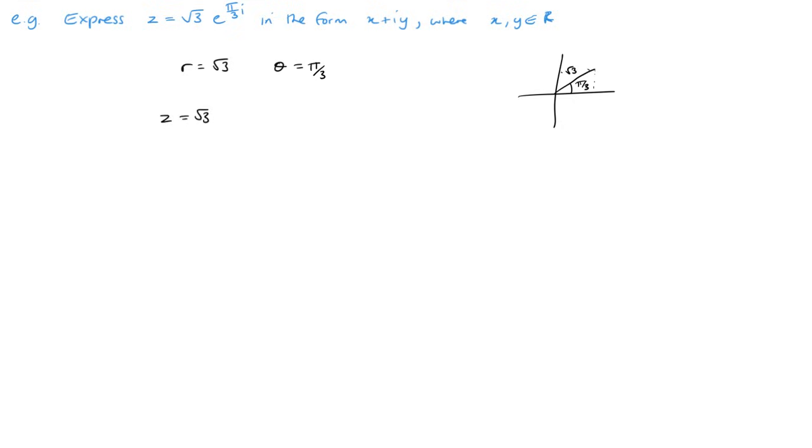So that's root 3 cos pi by 3 plus i sine pi by 3. That gives me root 3 times a half, plus i root 3 over 2. So this gives me root 3 over 2 plus 3 over 2 i.